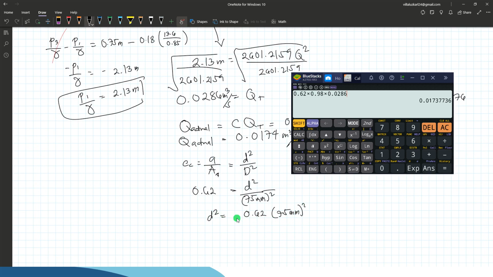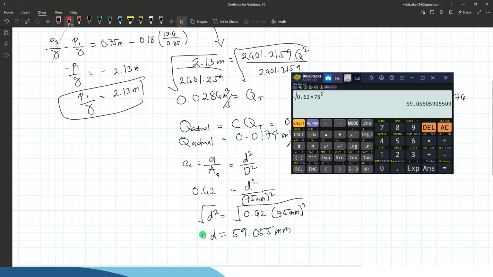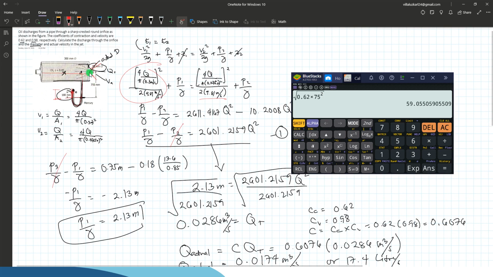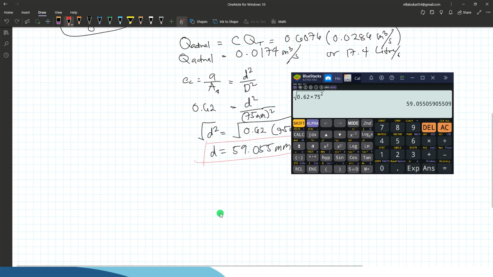We have a millimeter squared unit, but we will take the square root of that to have a unit of millimeter. So the square root of 0.62 times 75 squared gives a diameter of 59.055 millimeters. That's the diameter of the oil that is flowing out of this orifice.